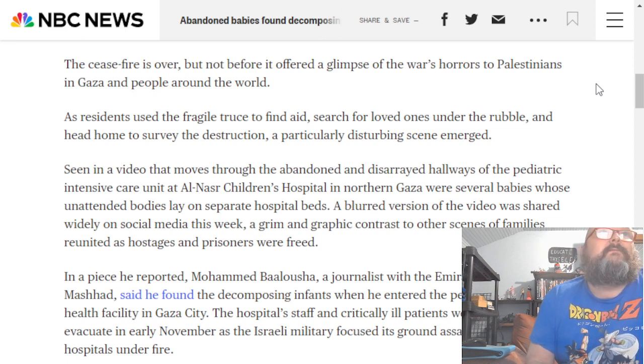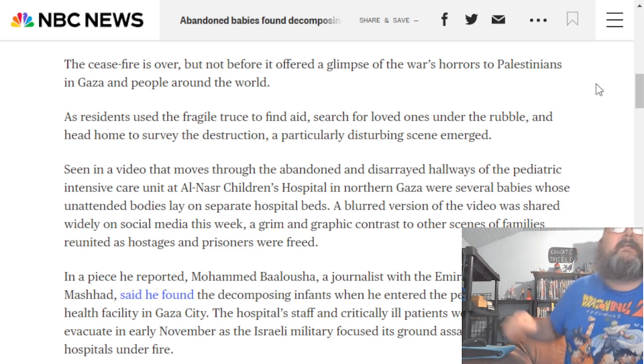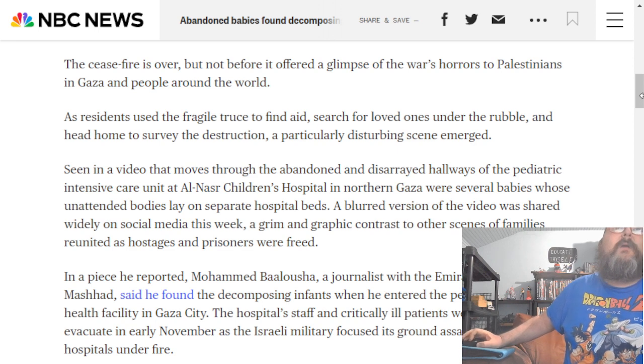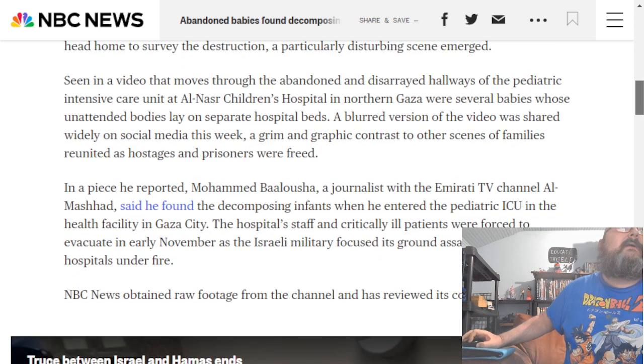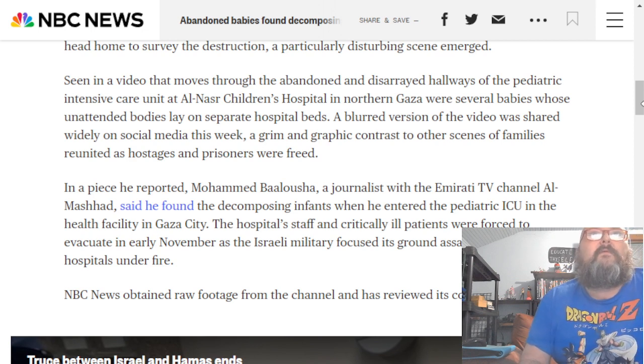As residents used the fragile truce to find aid, search for loved ones under the rubble, and head home to survey the destruction, a particularly disturbing scene emerged. Seen in the video that moves through the abandoned and disarrayed hallways of the pediatric care unit at Al Nasser Children's Hospital in northern Gaza were several babies whose unattended bodies lay on separate hospital beds.